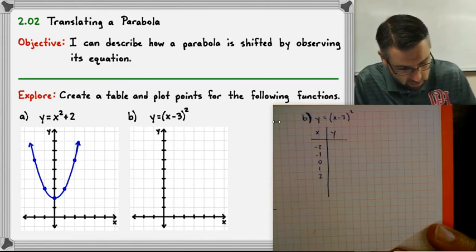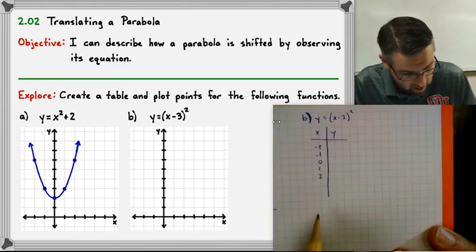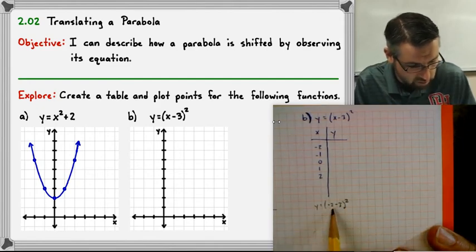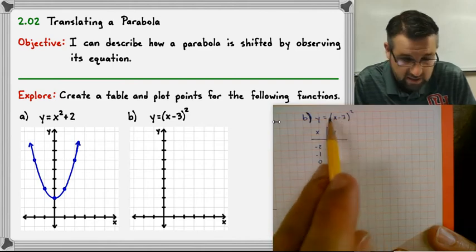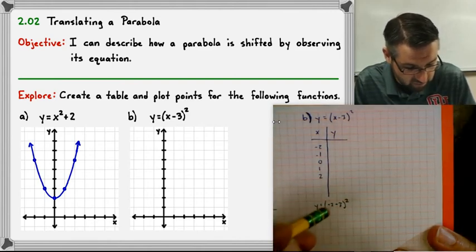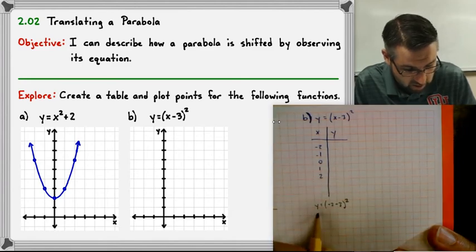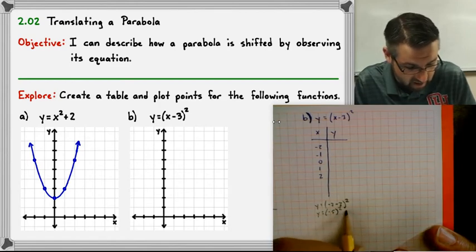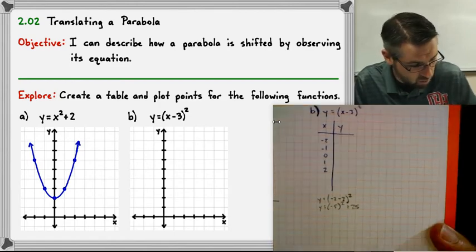Now when I do the work for this one, we're going to say y equals (-2 minus 3) squared. You notice that we have this -3 inside the parentheses here. The order of operations says we have to do what's inside the parentheses first and then square. So we end up with y equals (-5) squared. That negative is in the parentheses, so it's -5 times -5, which is 25.